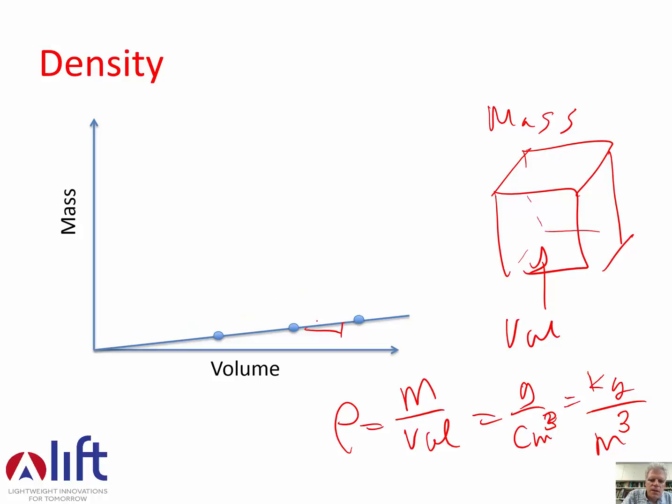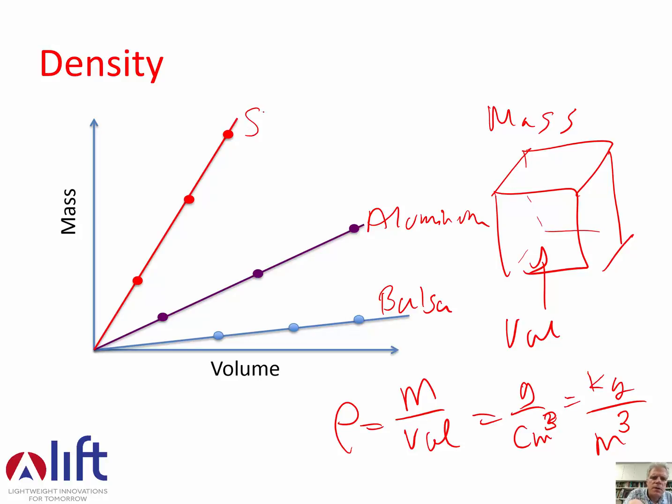So, this is for one material. This might be what you end up getting for balsa, for example. This might be what you end up getting for aluminum. And this might be what you end up getting for steel. And what's really important about this is material density.